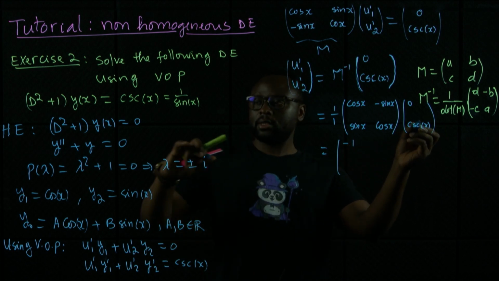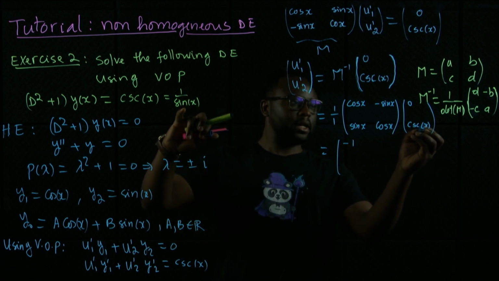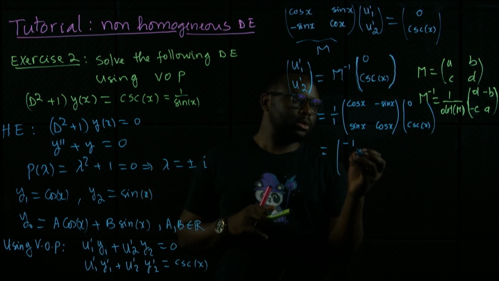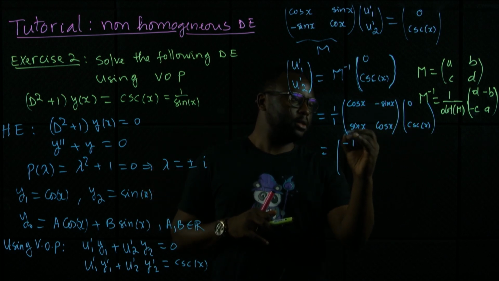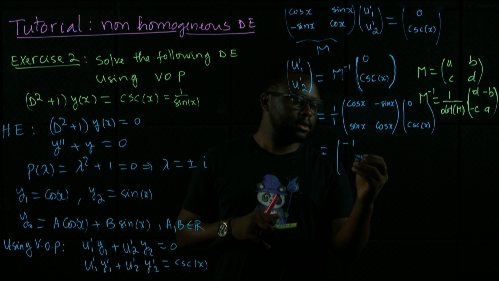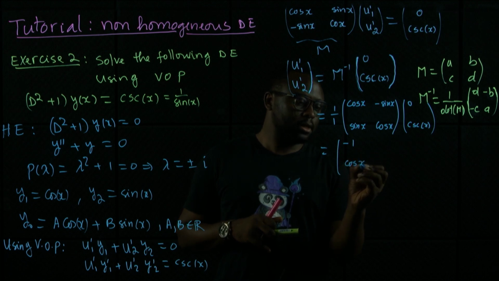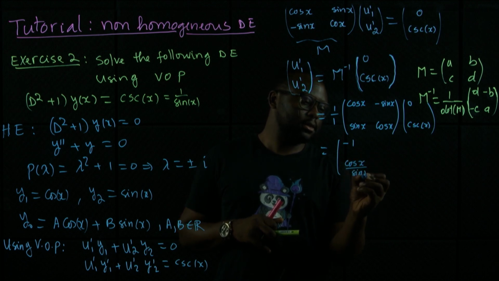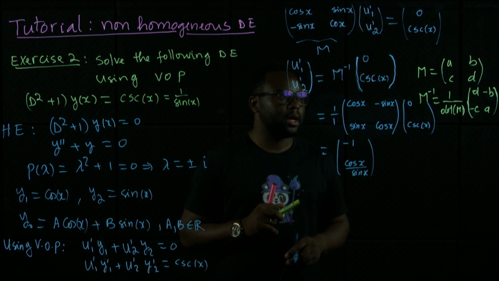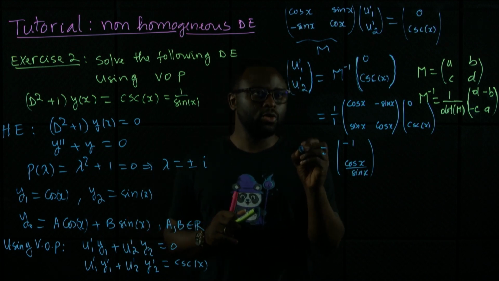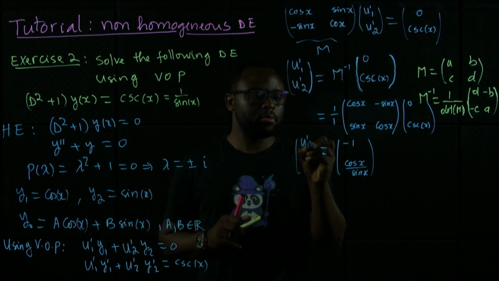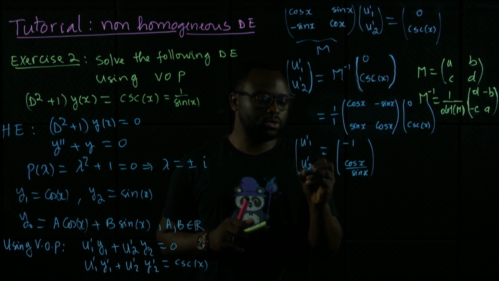Remember that cosec is just 1 over sin x. So this is minus 1, and this one is cos x divided by sin x.